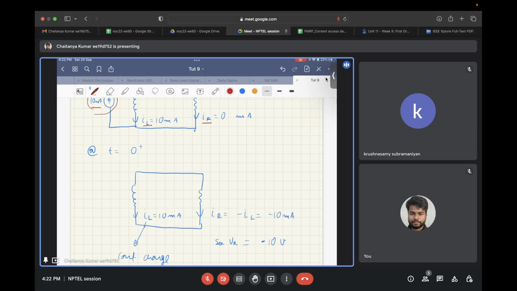Why this happens is, we know the voltage and current equations of inductors and capacitors: VL is equal to L diL by dt, and IC is equal to C dVc by dt.